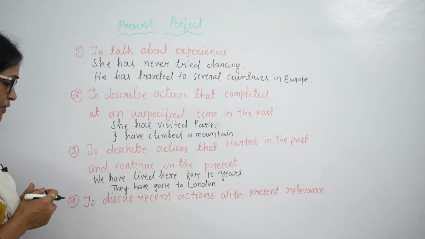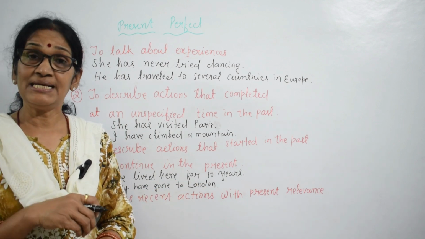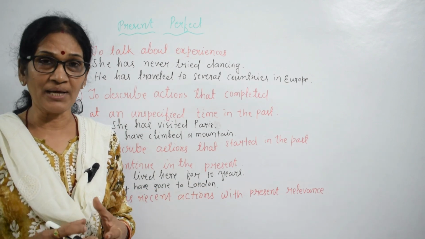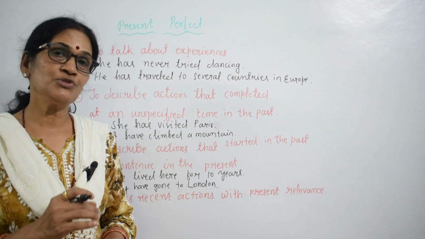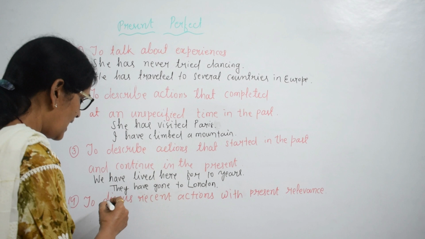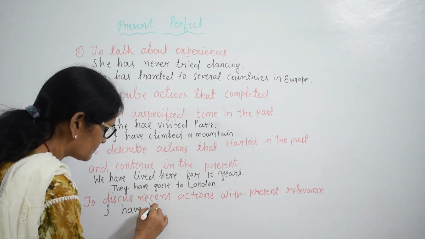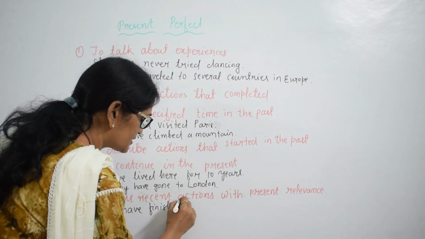We use present perfect to discuss recent actions with present relevance. Recent action. Suppose I am doing my homework and just now I have completed it. There you use present perfect. I have finished my homework.